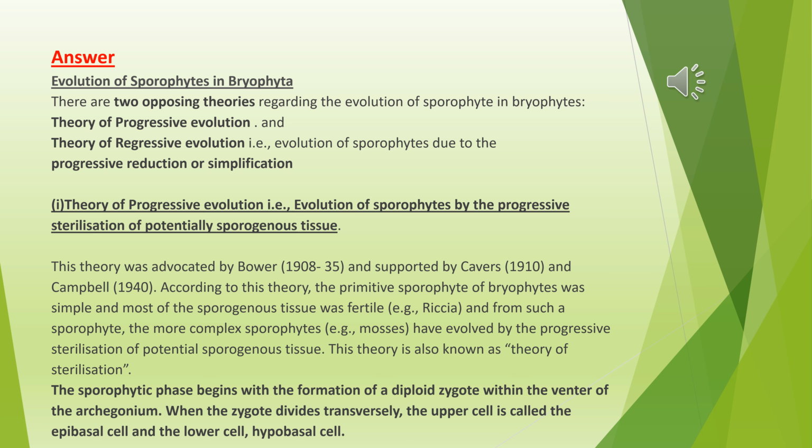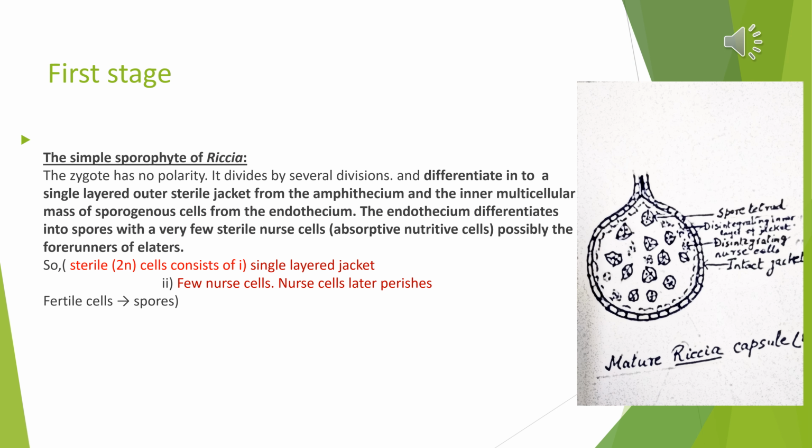This theory is also known as the theory of sterilization. The sporophytic phase begins with the formation of a diploid zygote within the venter of the archegonium. Now, progressive evolution or progressive sterilization occurs in a number of stages, 8 stages in total.